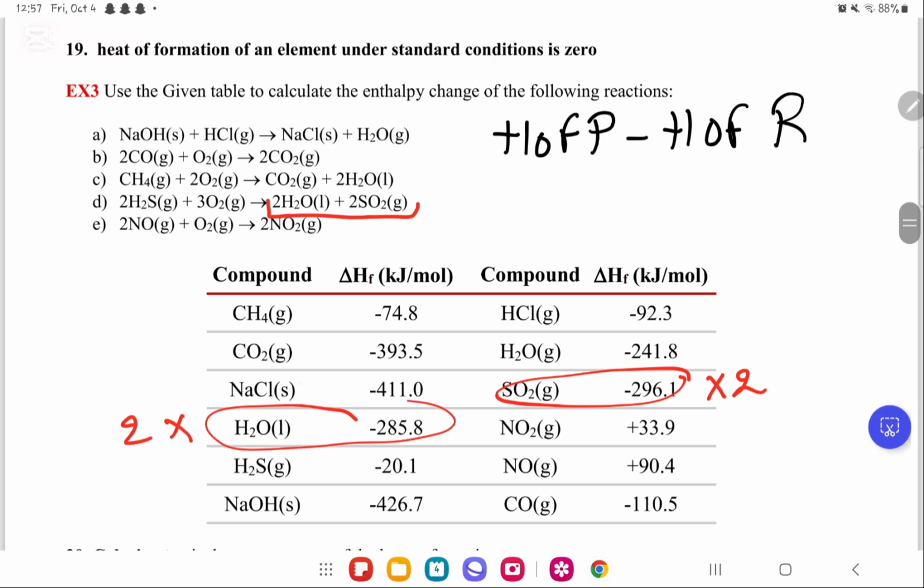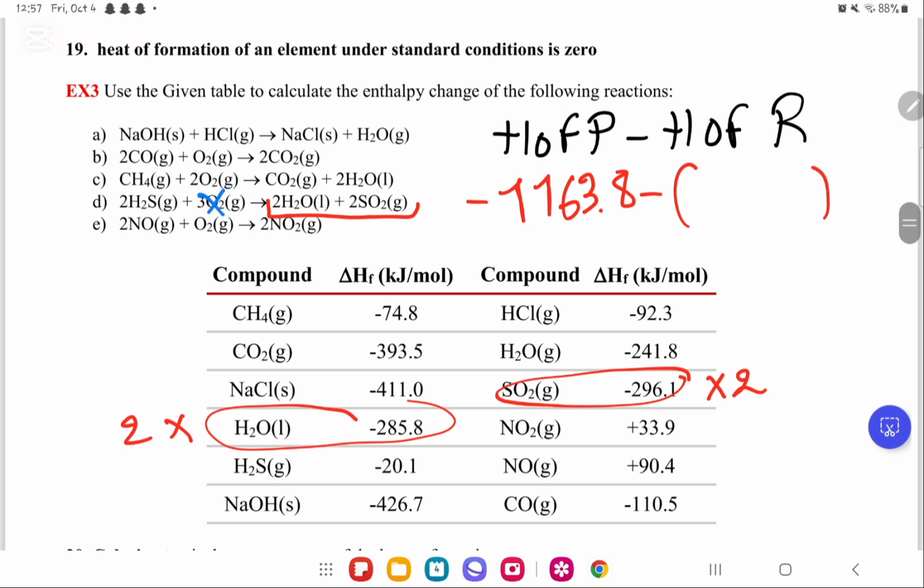So it's gonna be negative 285.8 times 2 plus negative 296.1 times 2. So we are gonna get heat of products is negative 1163.8 minus the heat of reactants.